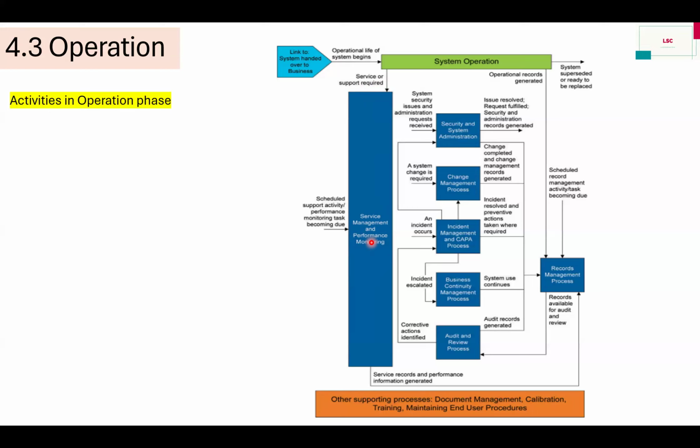Okay. In addition, there is a potential interaction with the incident and problem management, your CAPA system, and your change management system when the results of the service or monitoring indicate there are issues and we have to address that. Okay. So first of all, we have to establish and manage the service, right?